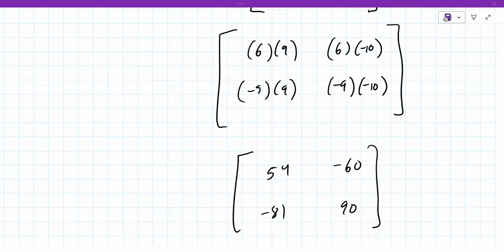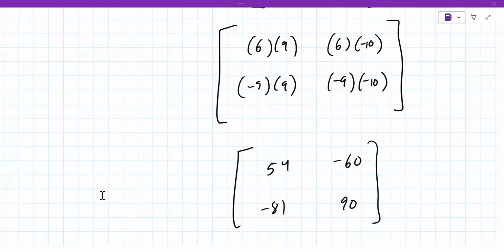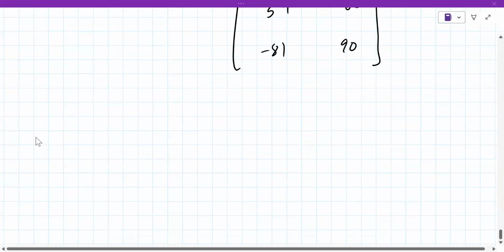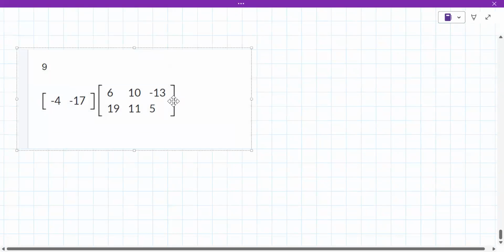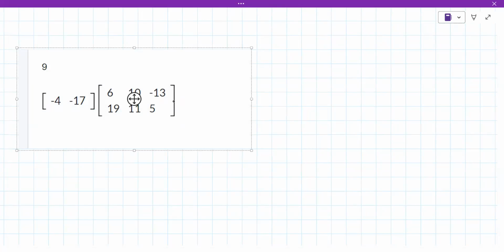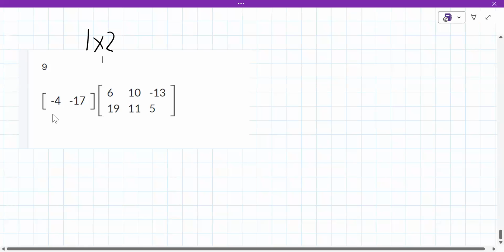Number 9. It's like one more of these things. Good news is we will be able to finish this today, barring something catastrophic happening. So we're in really good shape here. 9 is we've got a 1 row by 2 column to start. That's the first one on the left, 1 row, 2 columns.